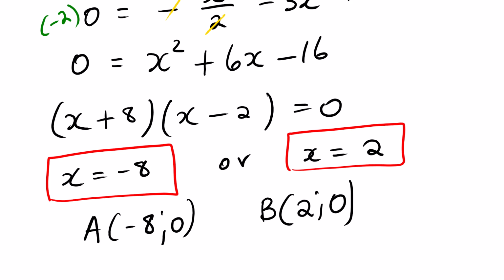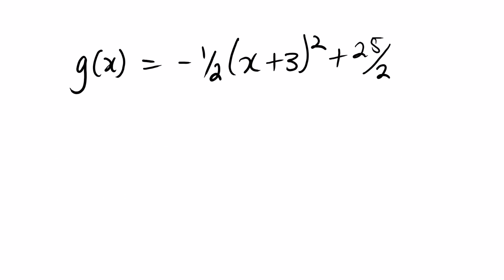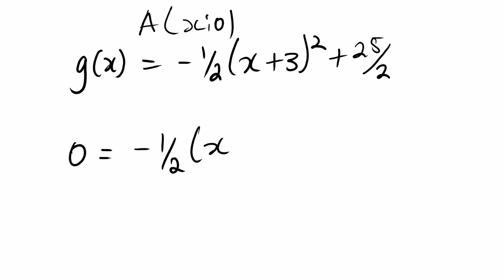There is another method on how to solve for x. Let us quickly go through it. The second method, we are going to use the other form of the equation. It's actually x maps 0. So we substitute by 0, -1/2 (x plus 3) squared plus 25/2.